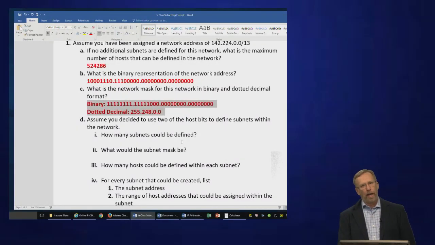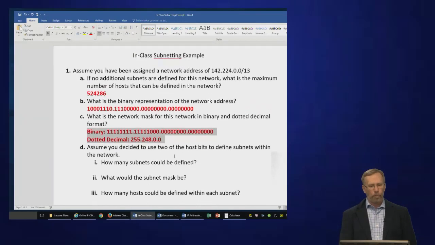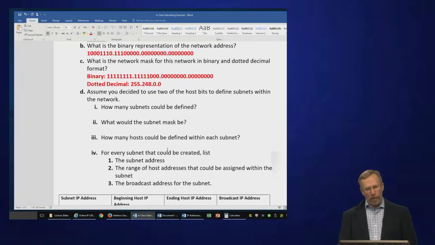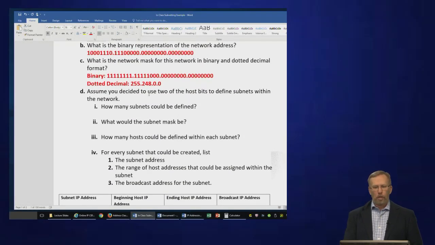So now we're going to actually say, let's break this 500,000 IP addresses into some smaller, more manageable chunks. How many hosts could we put if we divided our network using 2 of the host bits and making them into network bits?